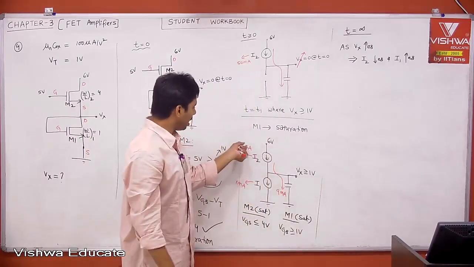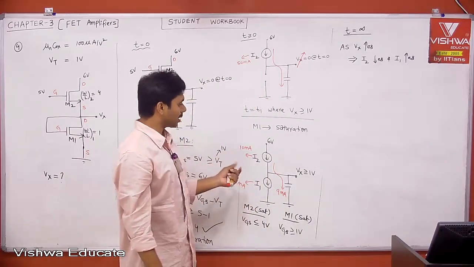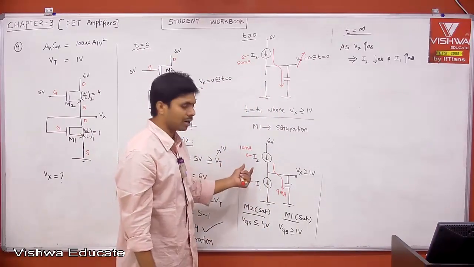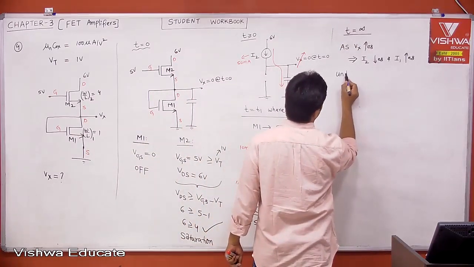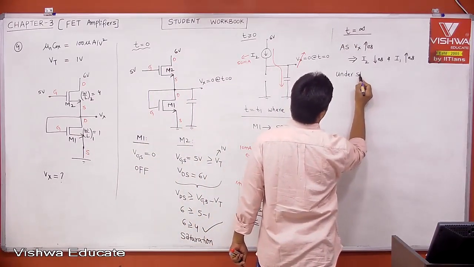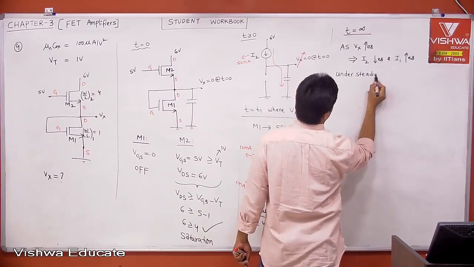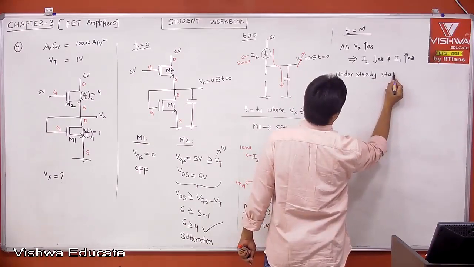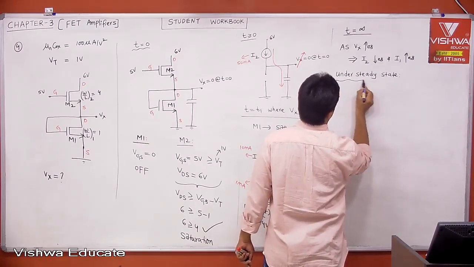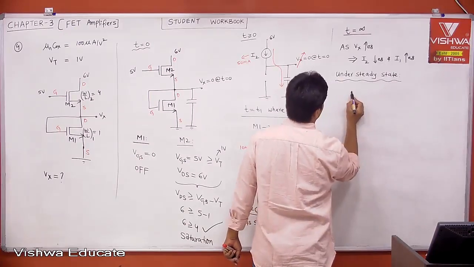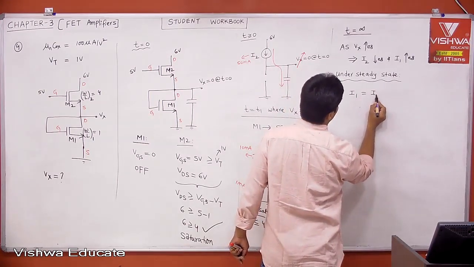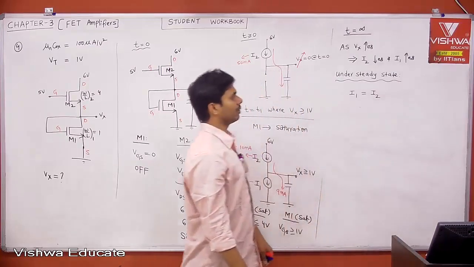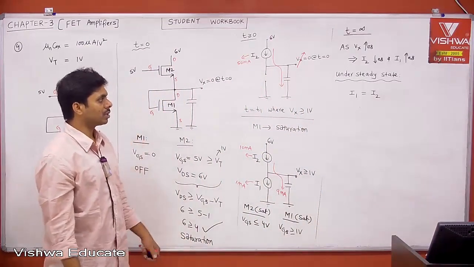Therefore, 10 milliampere will decrease, 1 milliampere will increase. At a particular point, both will be equal. Therefore, under steady state, I1 will be equal to I2. That is what we need to calculate.